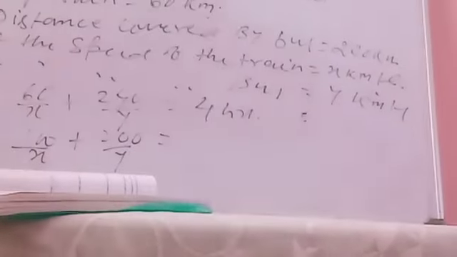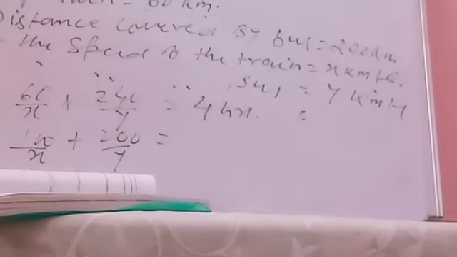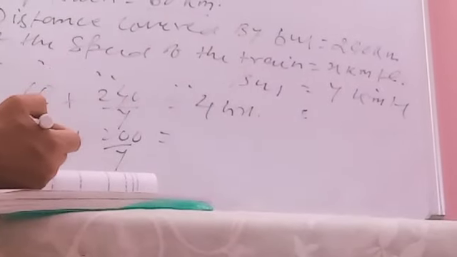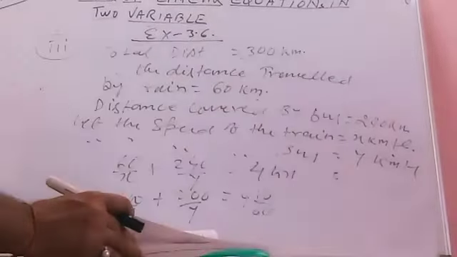And this is saying that she takes 10 minutes longer. It means earlier it was 4 hours, now it is 4 hours 10 minutes. This would be written in this way. So this would be a condition, and the rest you all know how to do. Now you will find out the speed of the train and the speed of the bus separately. So this is all about exercise 3.6.